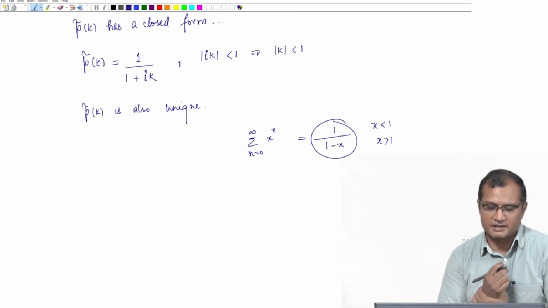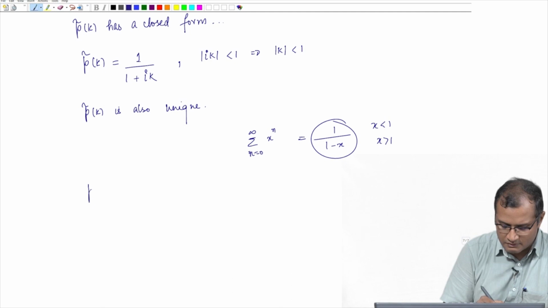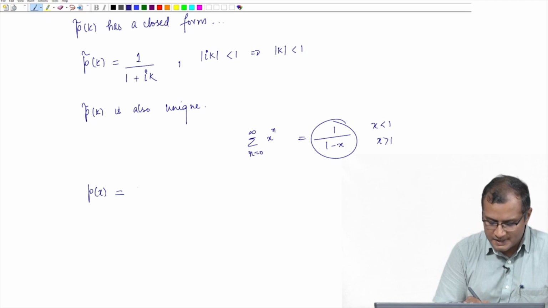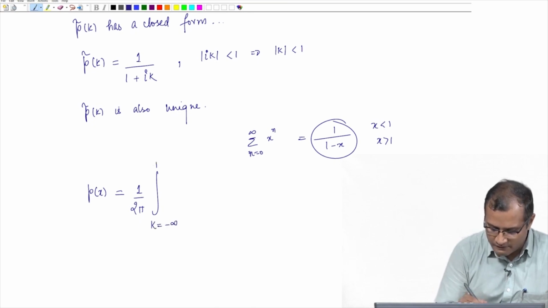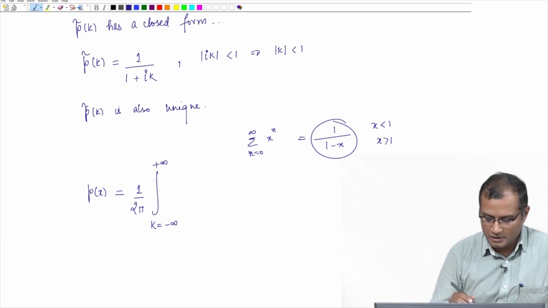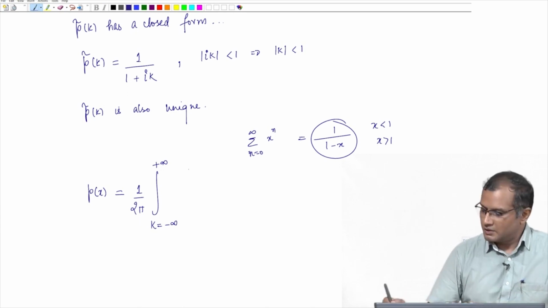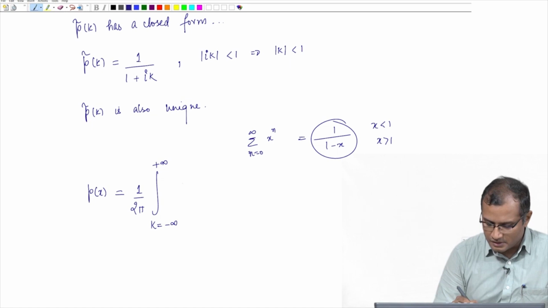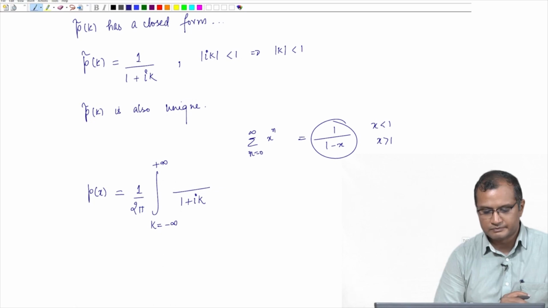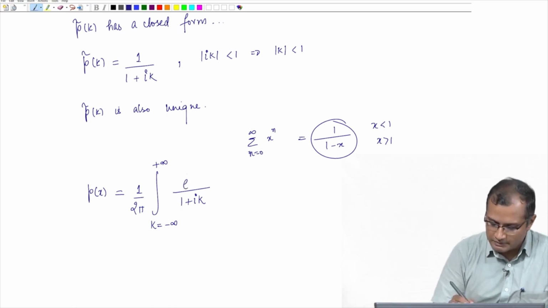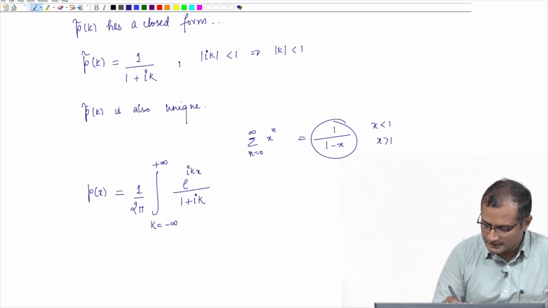Now, the characteristic function is available. The next step is just to take an inverse Fourier transform, which is basically 1 upon 2 pi. And the way I have defined my Fourier transform, the inverse transform is nothing but k going from minus infinity to plus infinity, my Fourier transform, which is 1 upon 1 plus I k, and e to the power I k x dk.